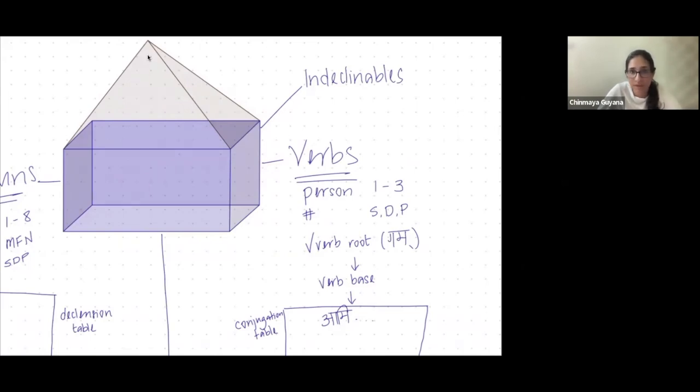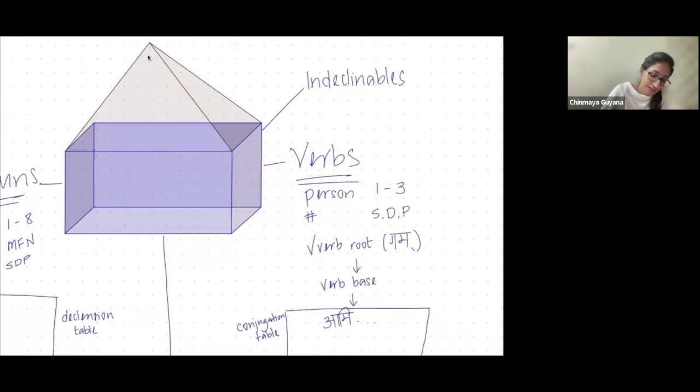They're the copy-paste words of Sanskrit. You copy from the dictionary, you paste it into the sentence. You copy from the verse, you paste it into the breakdown. You copy and paste without making any change to the word itself. Very simple, very easy. And indeclinables include adverbs in Sanskrit.